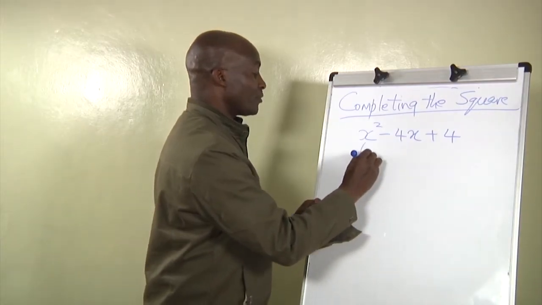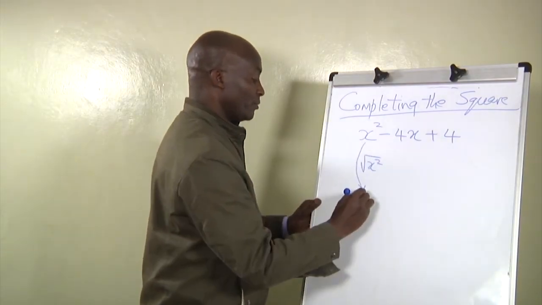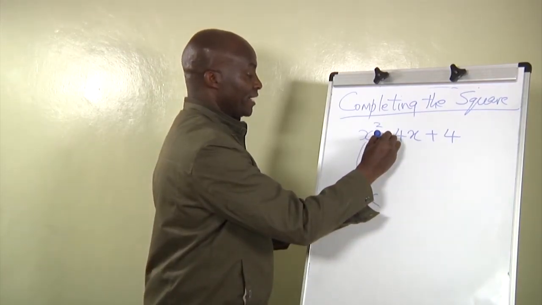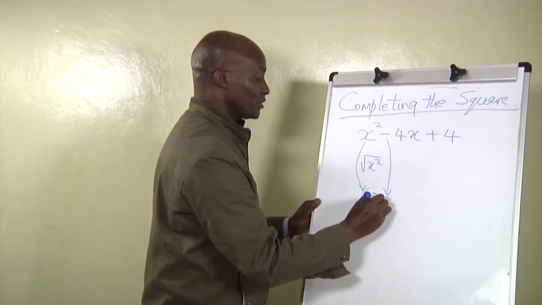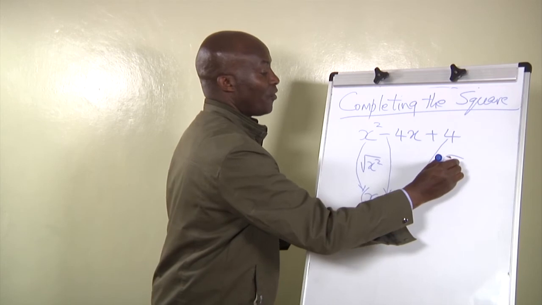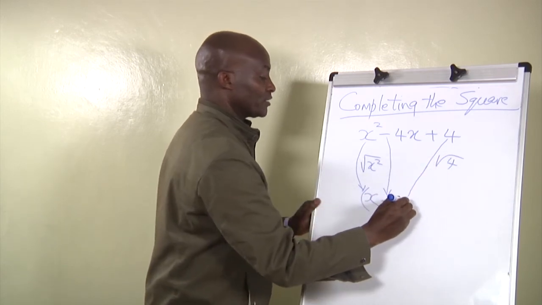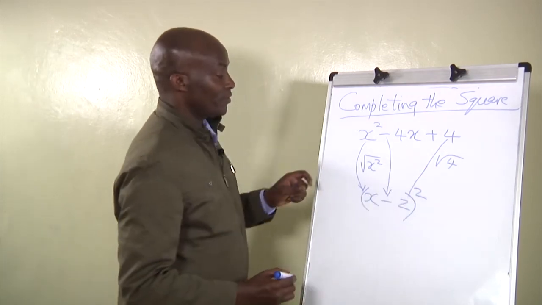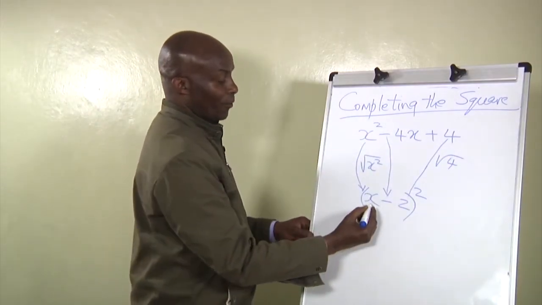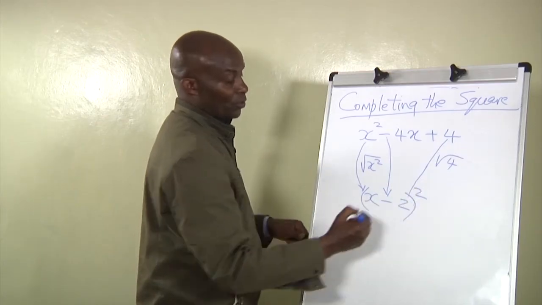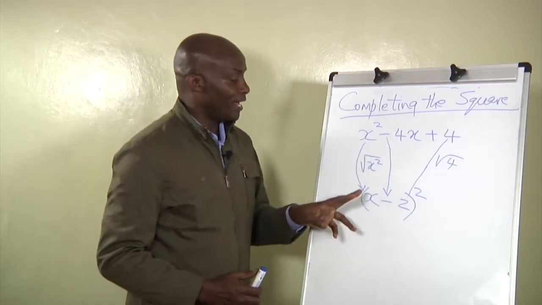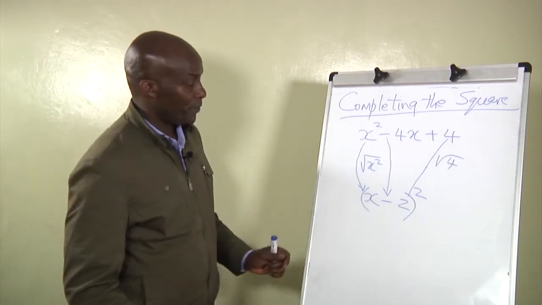So we get the square root of x squared, which is x, and then the sign remains the same, so it becomes minus, and then the square root of 4 will give us 2. So this is a square of x minus 2. That is how to determine what it is a square of.